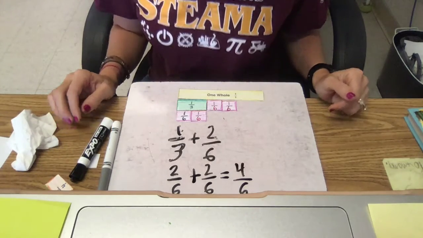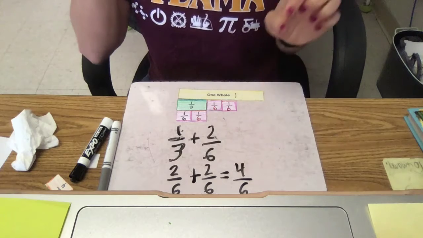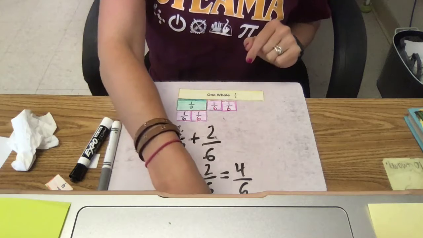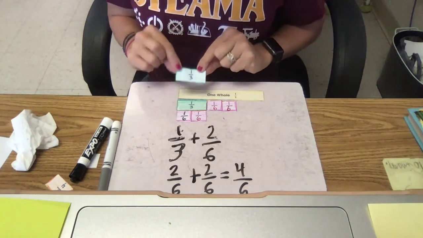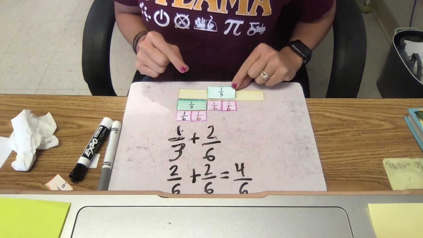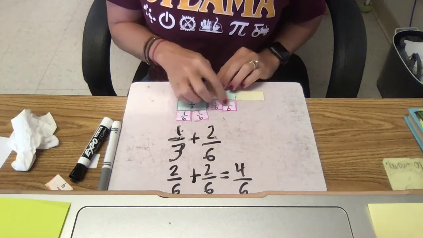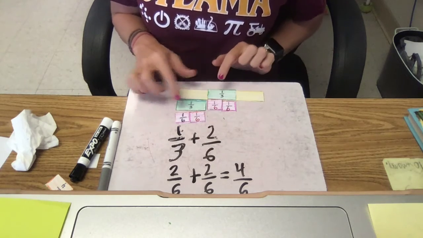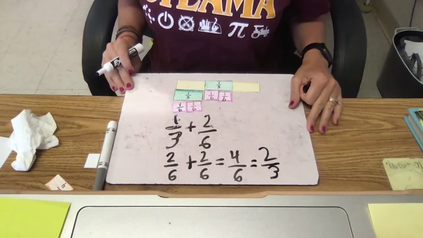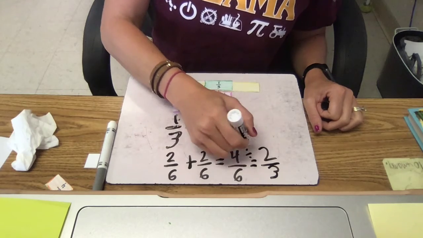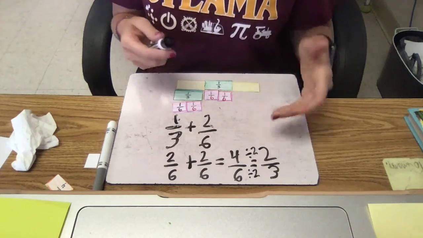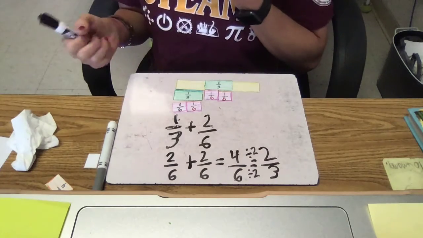That's the same value. Yes, 2/6 and 2/6 is 4/6. Now I wonder if I could say it another way. So I know that 1/3 was the same as 2/6, the same value. So instead of 4/6, 1, 2, 3, 4, 6ths, I could also call it 2/3. 4/6 is equivalent to 2/3, or has the same value. And 4 divided by 2 is 2, and 6 divided by 2 is 3. So we can see that they're equivalent. We did the same thing to both digits.